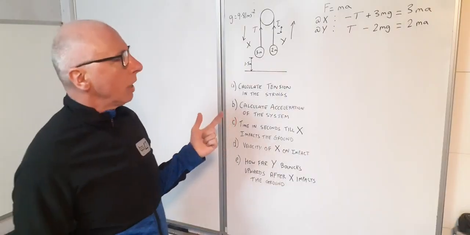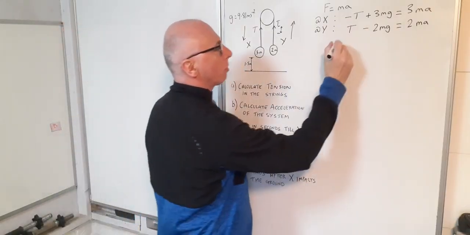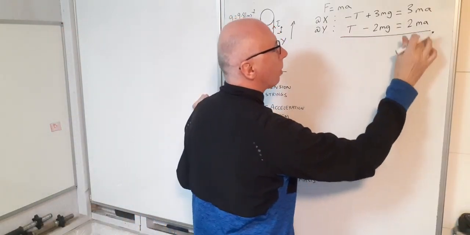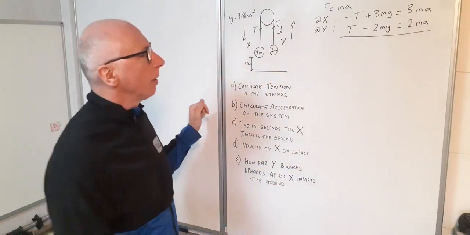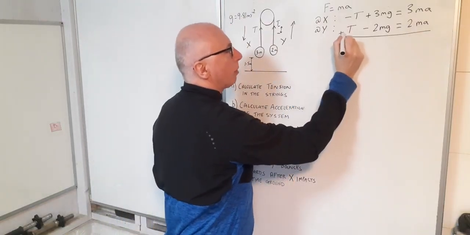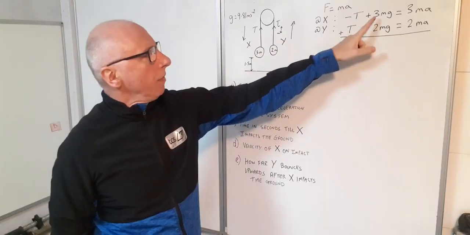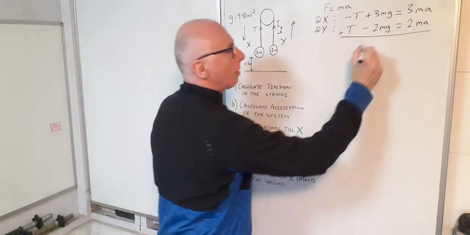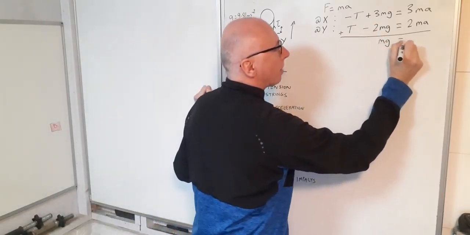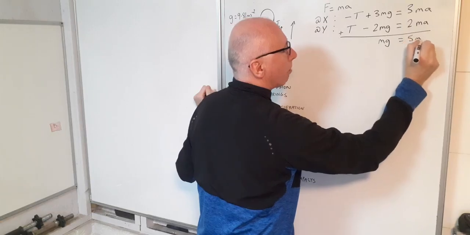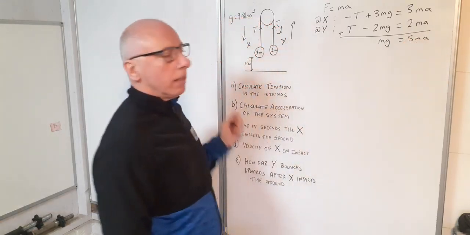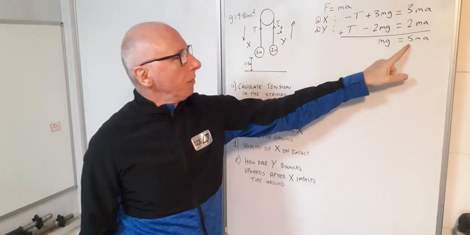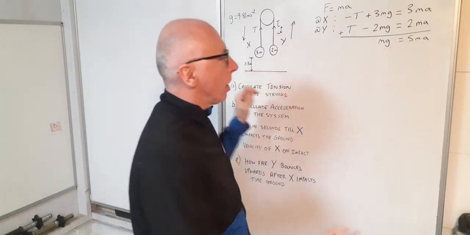Now we've got a classic situation here with two simultaneous equations, which is what you would generally get with this kind of setup. So we can eliminate T by adding, and then we'll have 3mg minus 2mg, which is just mg, and set that equal to 5ma. Now divide both sides by 5m and we get a on its own.